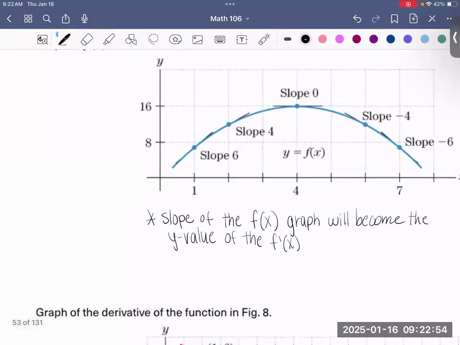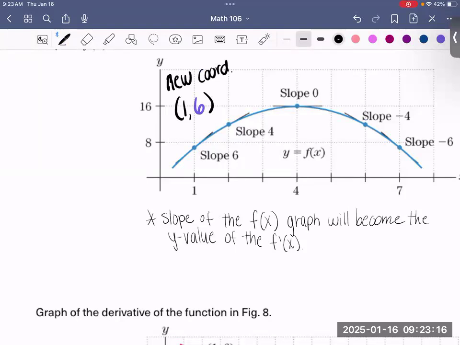So your slope, right, if we're looking here, your x value is the same. But now your y value is 6. So these are new coordinates.